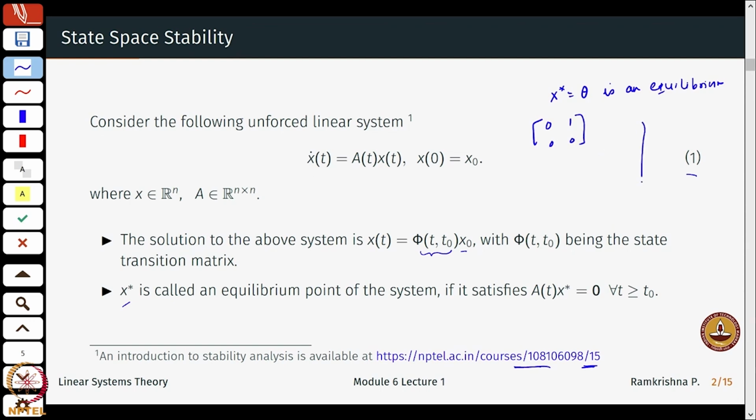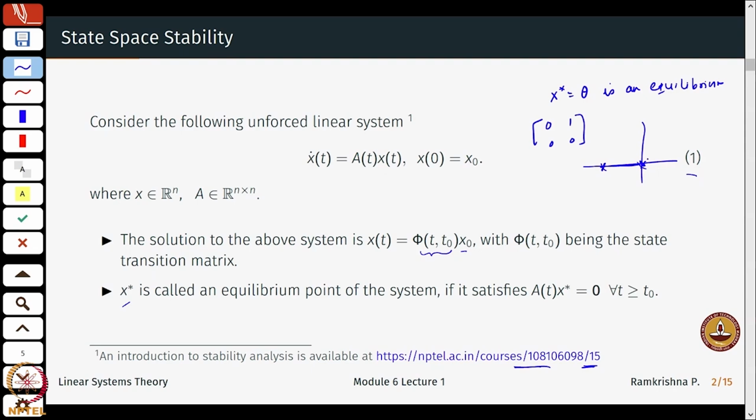There could at some point be multiple equilibriums. Say this is an equilibrium point, the origin, and somewhere else this is also an equilibrium point. Then any point on the straight line joining these two points will also be an equilibrium. So you will essentially have an equilibrium subspace.